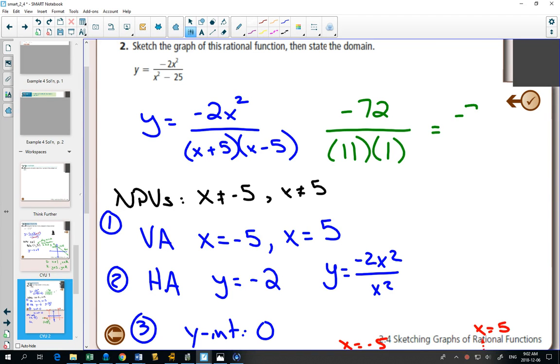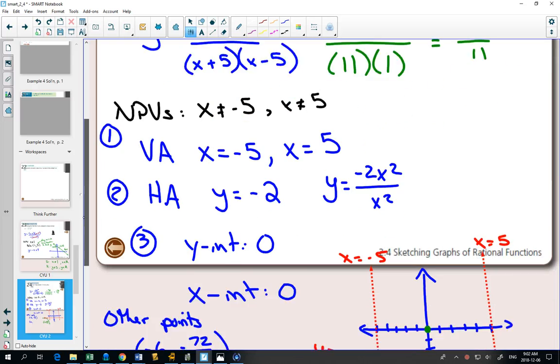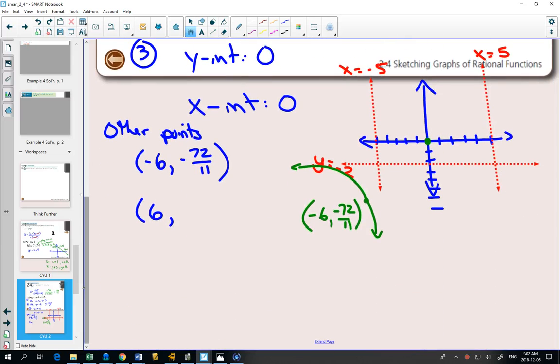Well, that still is -72 over 11. So I go over to 6, 6 comma -72 over 11. And we have enough in this section to graph that.